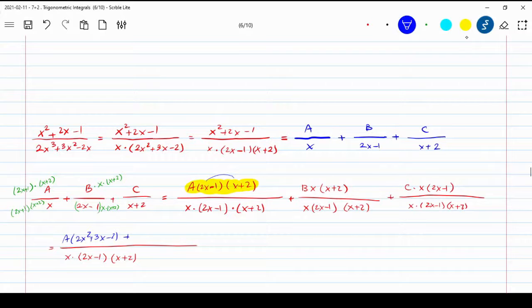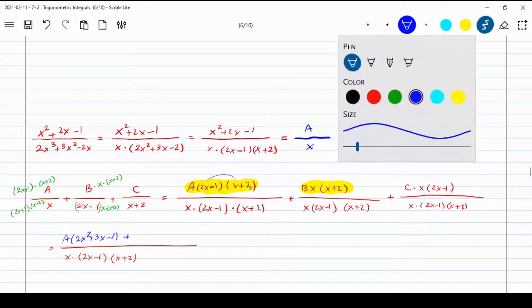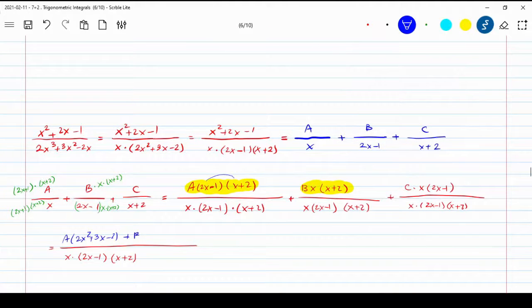The second fraction, the numerator would be b times x squared plus 2x, and the third fraction would be c times 2x squared minus x.